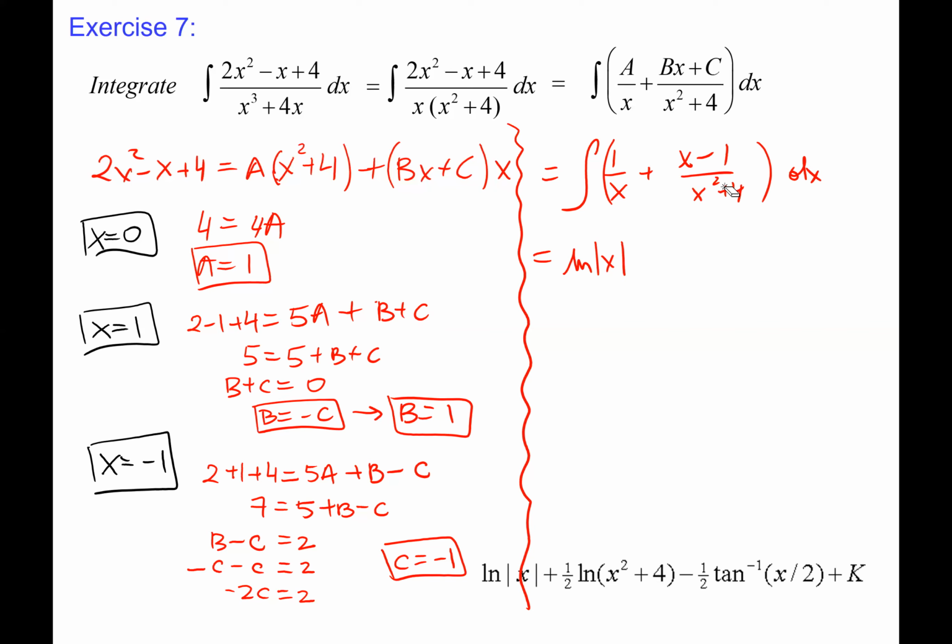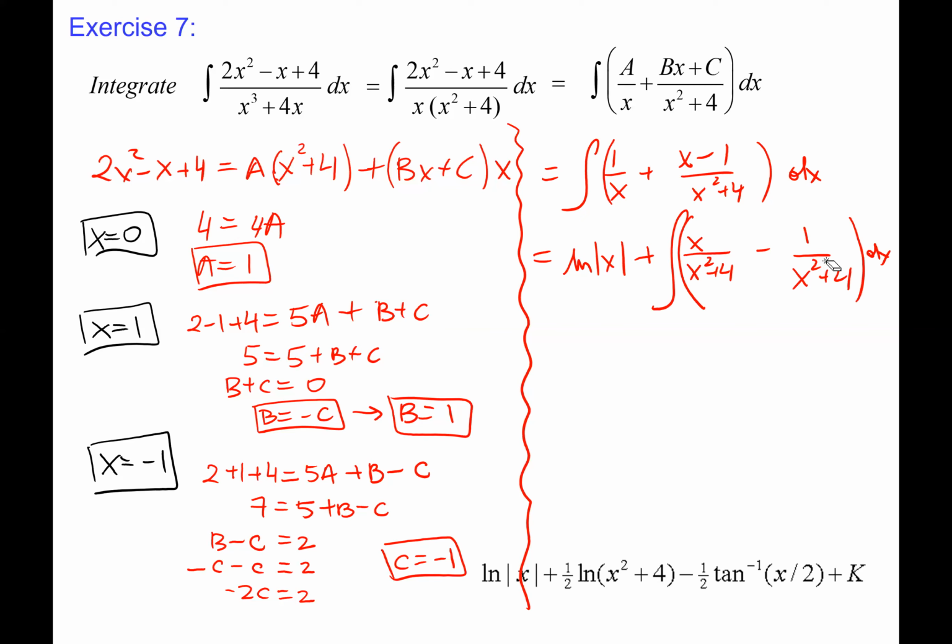But for the second fraction, I recommend that you split this function. We will say x over the denominator and negative 1 over the denominator. It's still an integral.